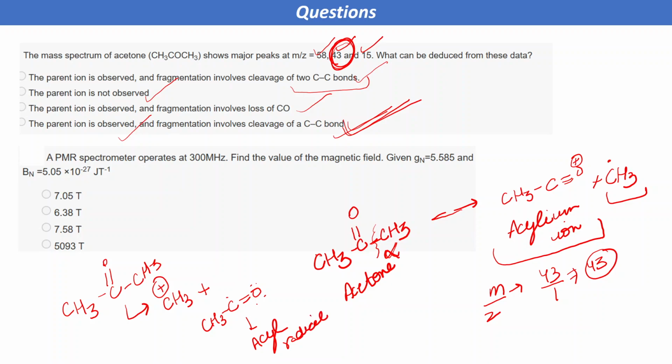Now if you calculate the mass of methyl cation, it will be 12 plus 3, that is 15, divided by 1, that is 15. So m/z is 15 for the methyl cation. So now you got it, the fragmentation is due to the cleavage of one CC bond. So the correct answer will be parent ion is observed and the fragmentation involves cleavage of CC bond.